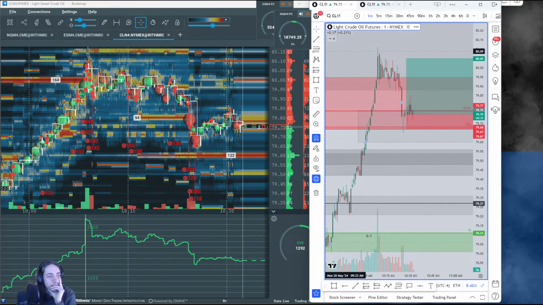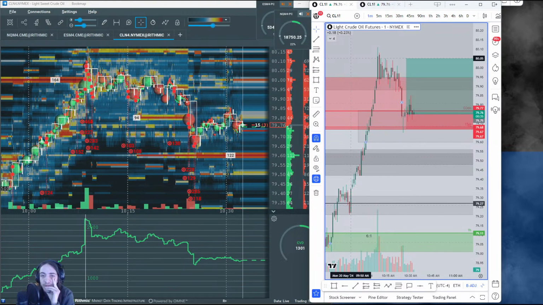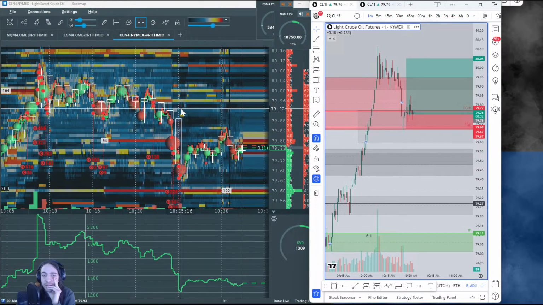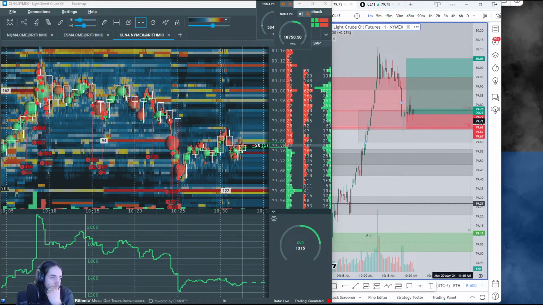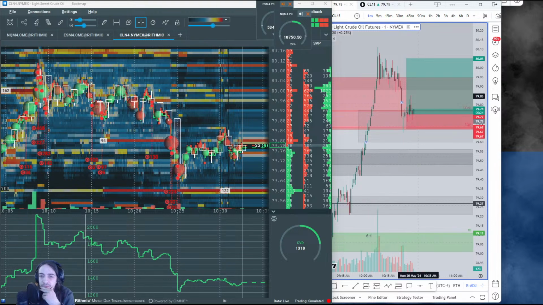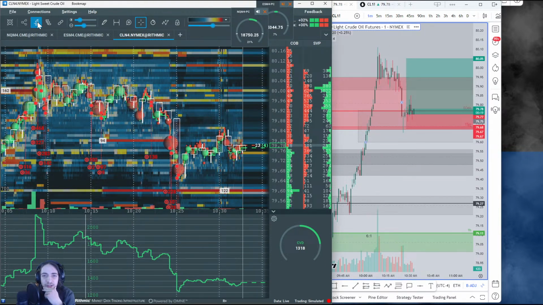Okay, I am in crude, some longs. I want to see buyers step in on crude here. Stop loss is the key level down here. Oh, do I have to get market pulse back up here? I do.